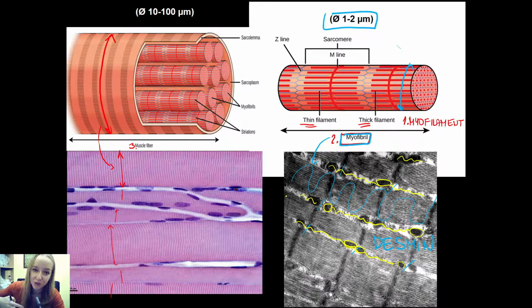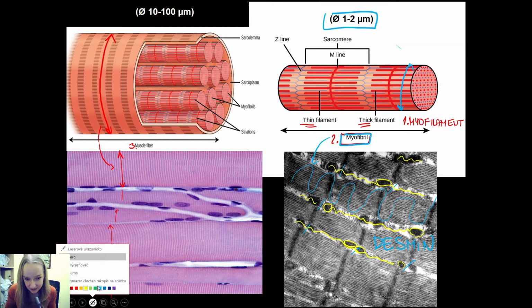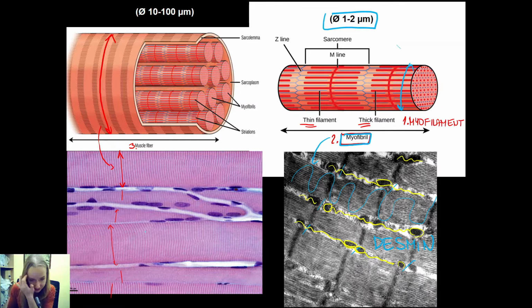So what am I heading to? We can also see myofibrils in a light microscope. We can see this striation, but we can see that the striation is kind of shifted. So this is a myofibril, for example, this is another one, a third one.